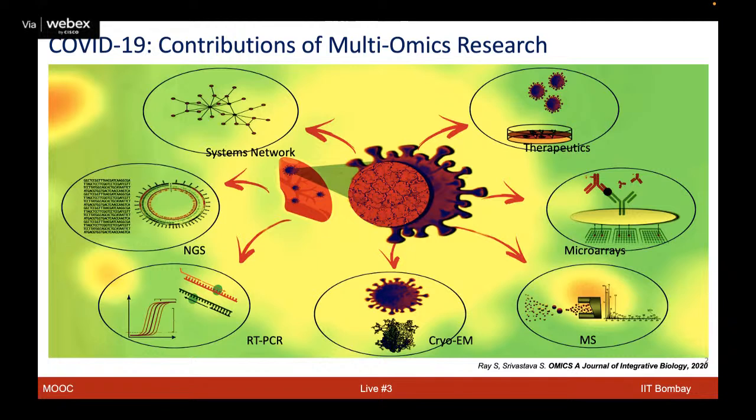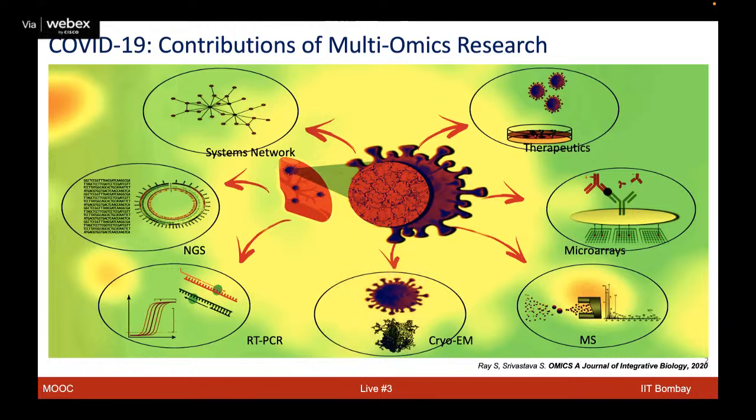Of course, it started with NGS and developing the primers and RT-PCR kits, understanding the structure with electron microscopy, looking at different types of peptides and proteins with mass spectrometers, and then trying to look at more of the candidates for vaccine development and what makes them more relevant for humoral immunity.